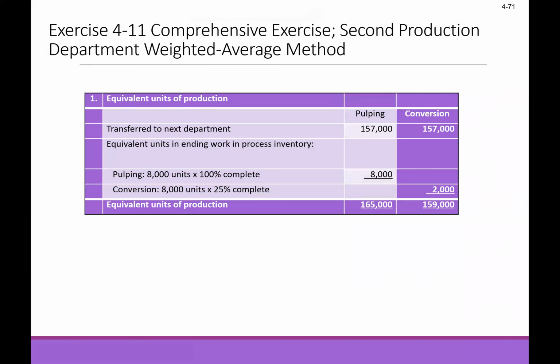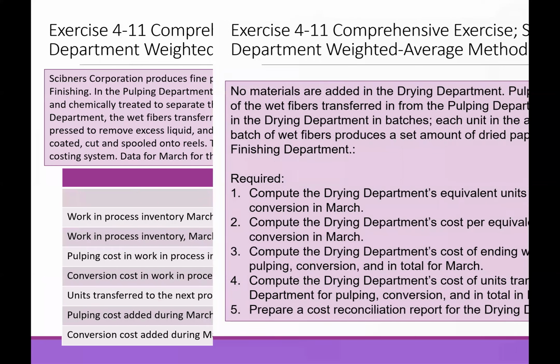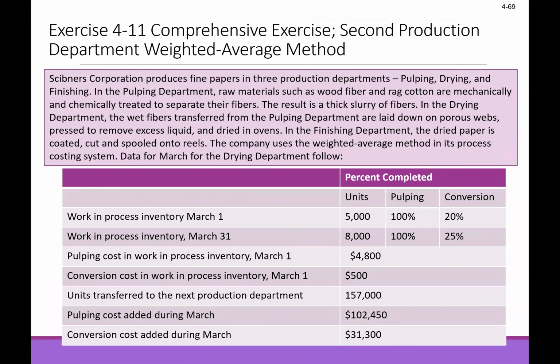So if we've got pulping and conversion, it tells us we had 157,000 units completed.